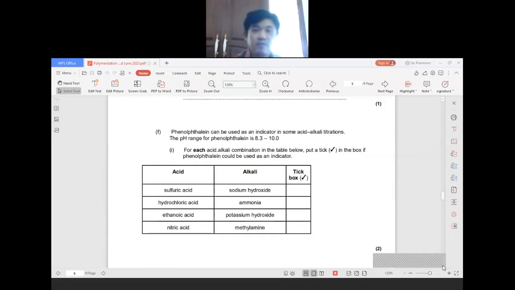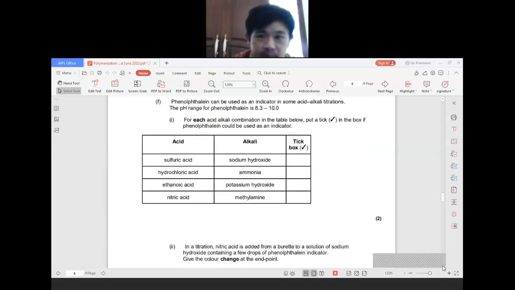Now, phenolphthalein can be used as an indicator in some acid-alkali titrations. The pH range for phenolphthalein is 8.3 to 10. For each acid-alkali combination in the table below, put a tick if phenolphthalein could be used as the indicator.